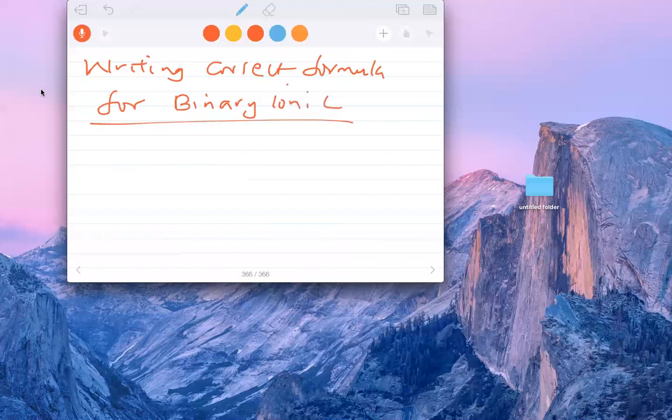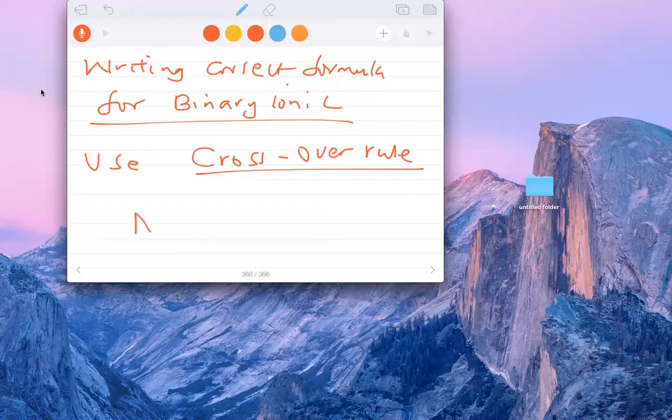We use what we call the crossover rule. This is what helps you in writing the correct formula for binary ionic. The crossover rule calls for taking into account the ionic charges.